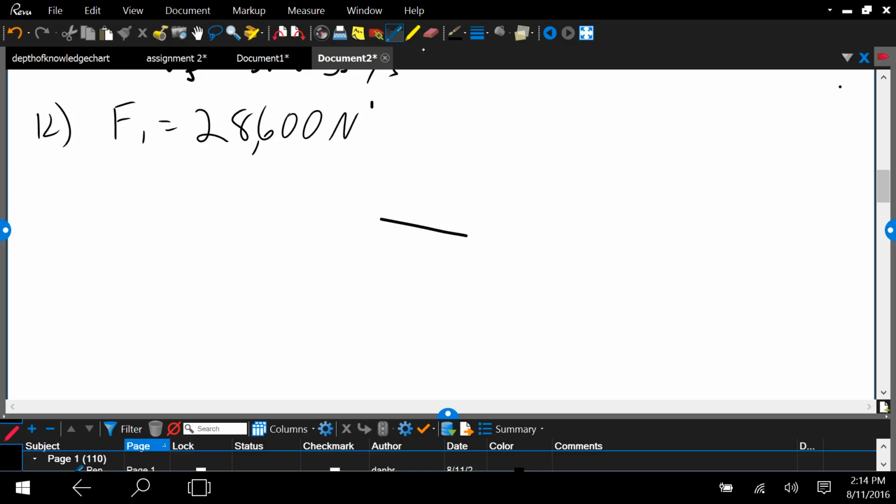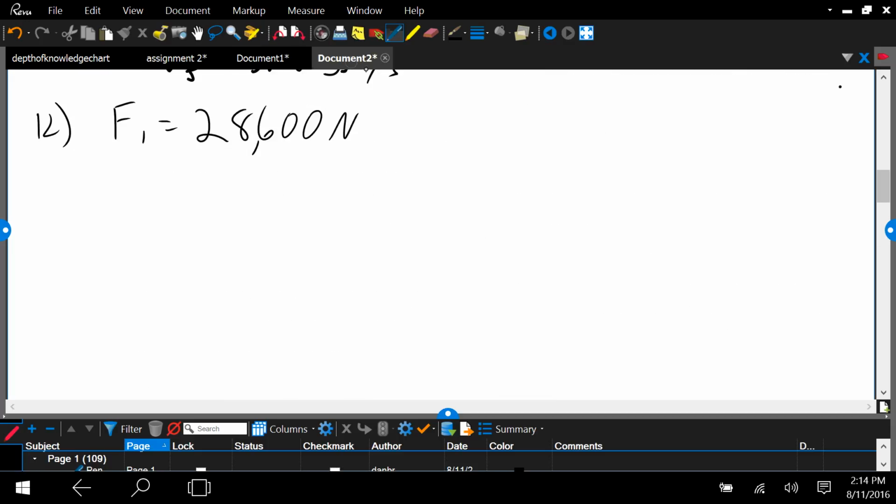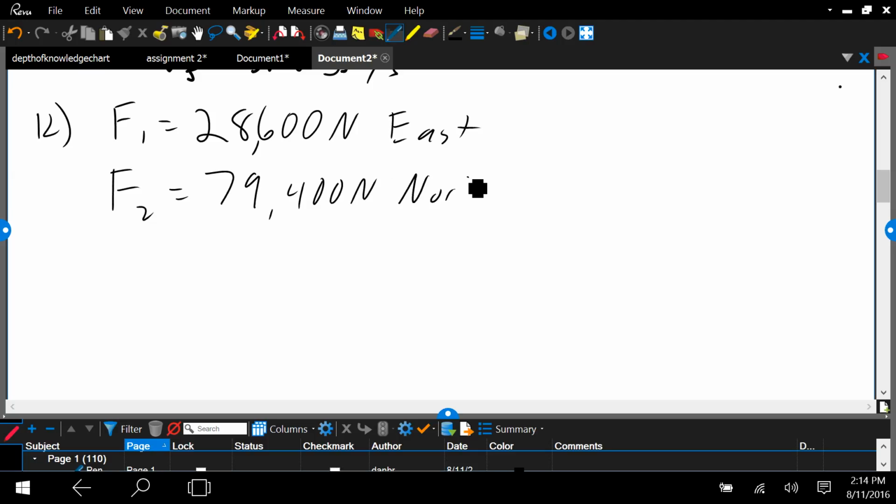Again, capital N is just the units on the forces, and 79.4. Let me actually put a direction here also. East. And this is northwest.